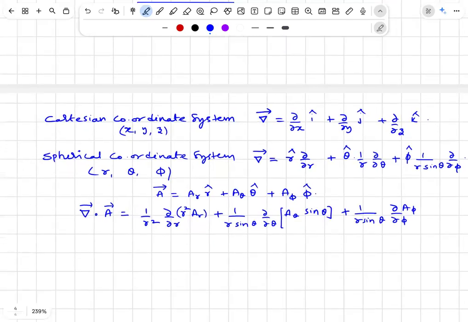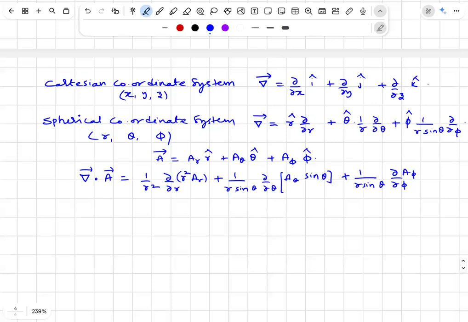Right. Next thing, the cylindrical coordinate system.